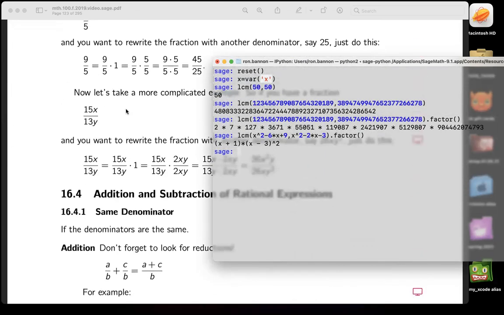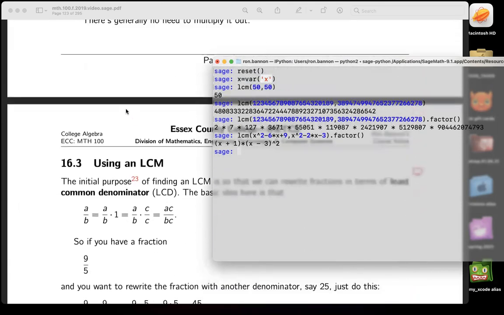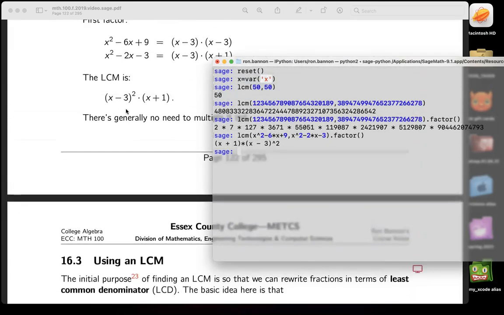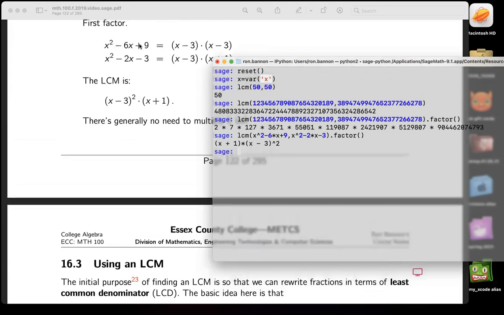I don't think I'm going to find it. It's right there. See that? Yeah. X squared minus 6x plus 9. One of the first problems we did, actually.